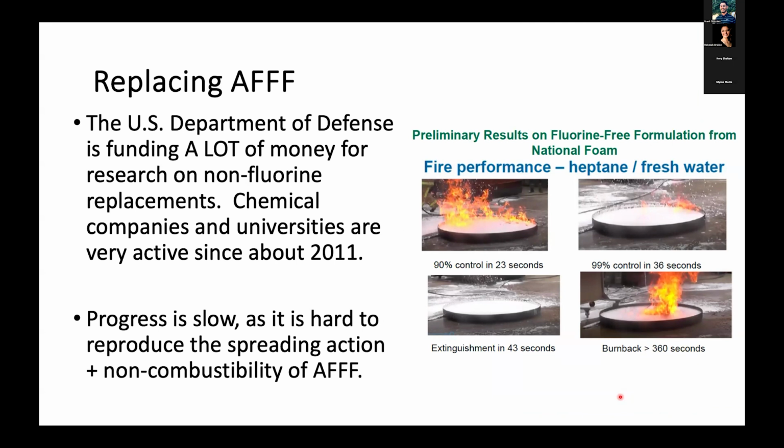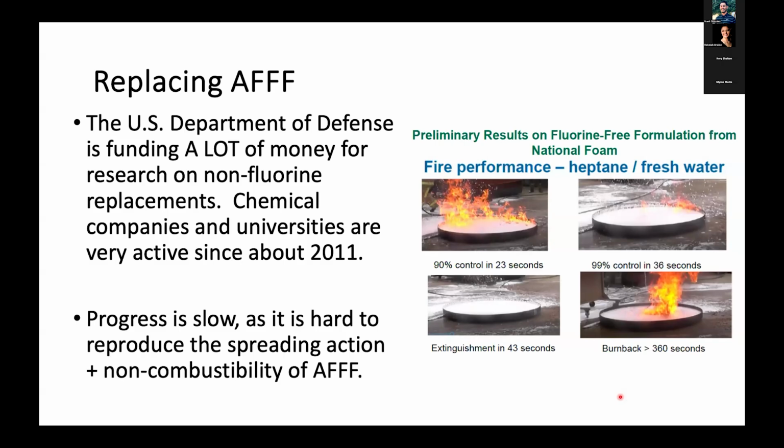And so the United States Department of Defense, along with the companies that manufacture things like firefighting foams, are trying to find substitutes. And I know the Department of Defense has spent, I don't know how many, countless millions of dollars trying to find substitutes on this, and it's going slowly.